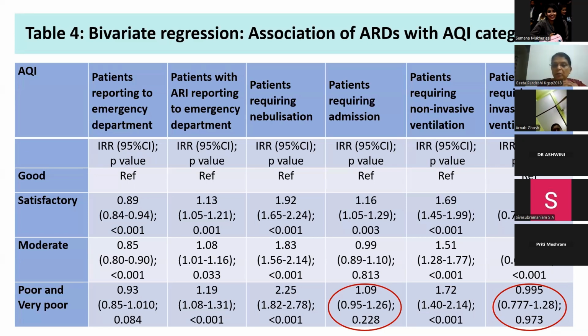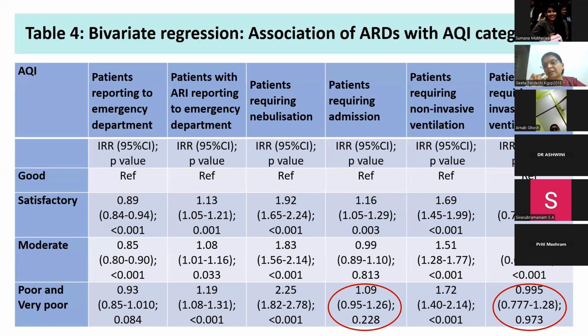Compared to days on which there is good AQI, the risk of patients presenting to the emergency department on satisfactory AQI days is 13% more, 8% more for moderate AQI, and 19% more for very poor AQI, and these are statistically significant.